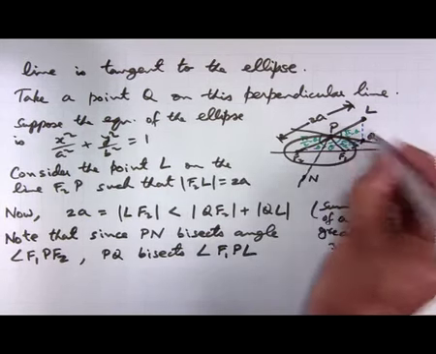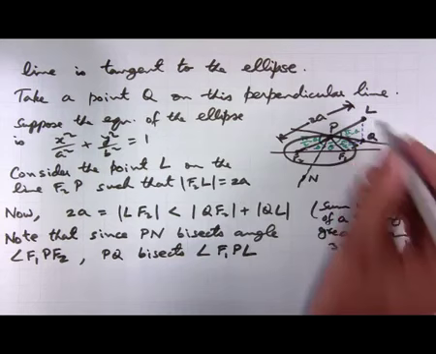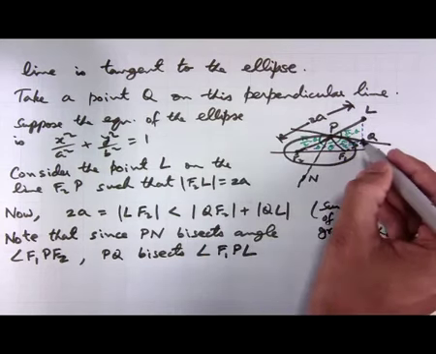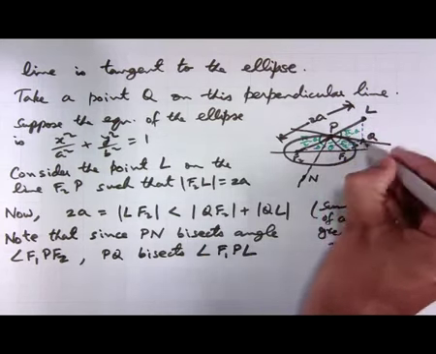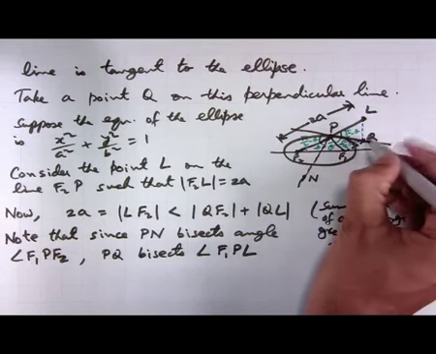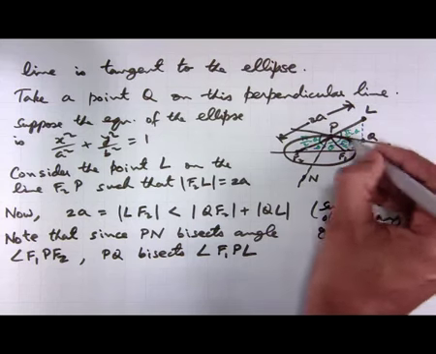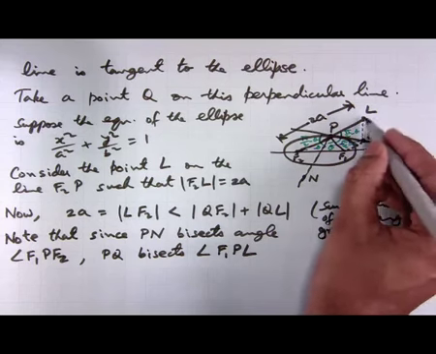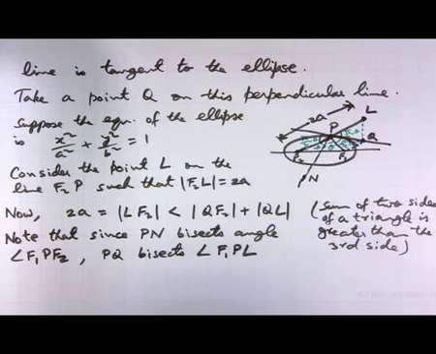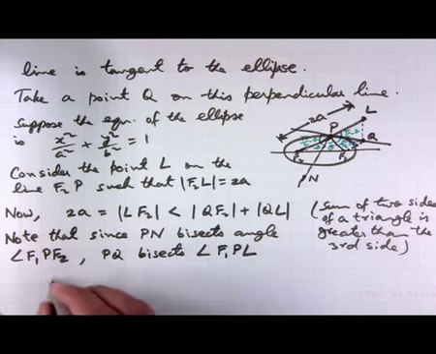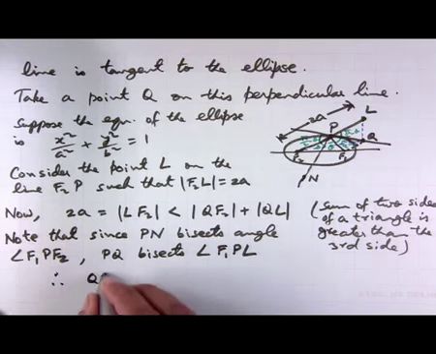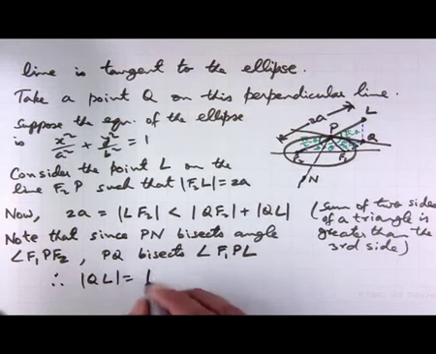So, we see that P Q is the bisector of angle F1 P L, and therefore these two triangles are congruent, and therefore Q L is equal to Q F1.